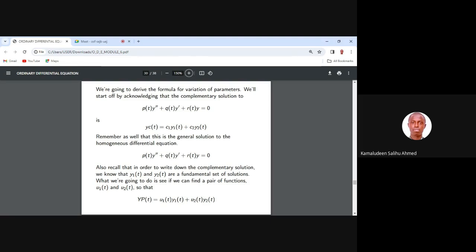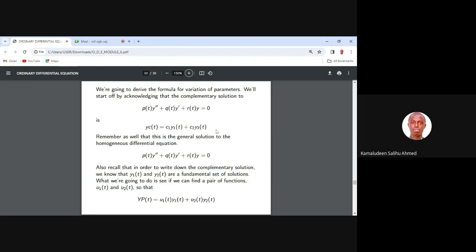Okay, so let's see this homogeneous equation. You can't call this non-homogeneous because our right hand side is 0. Whenever you have a homogeneous differential equation, the general solution is y of t equals c1 y1 of t plus c2 y2 of t.